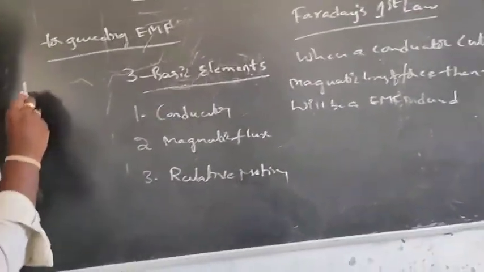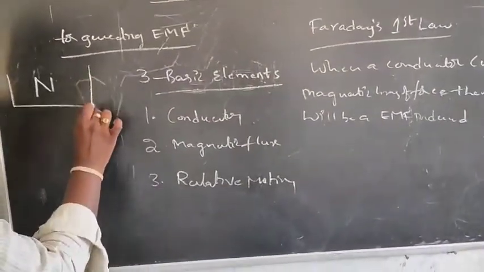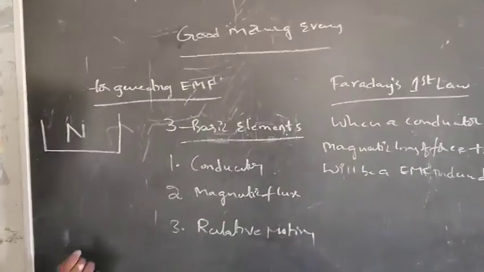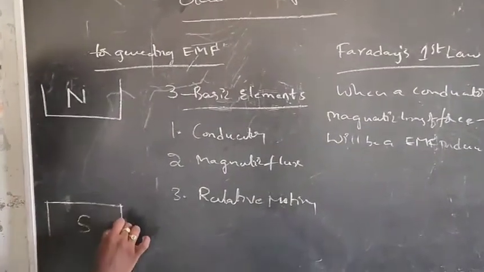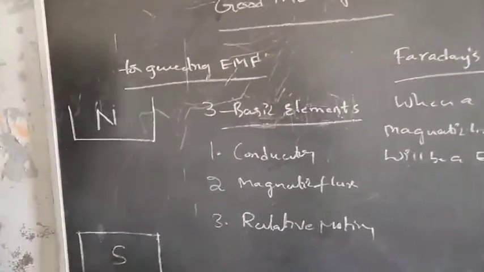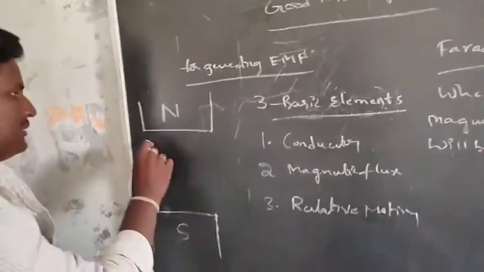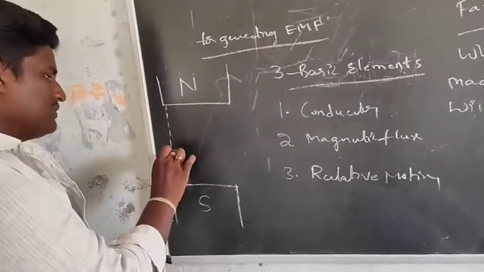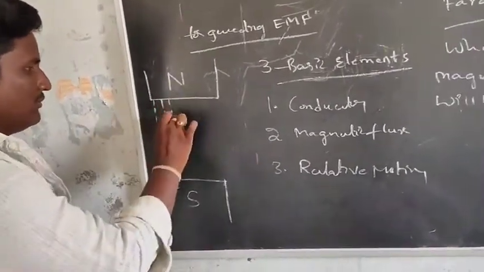So I consider the flux: one north pole, one south pole. The flux travels from north to south.